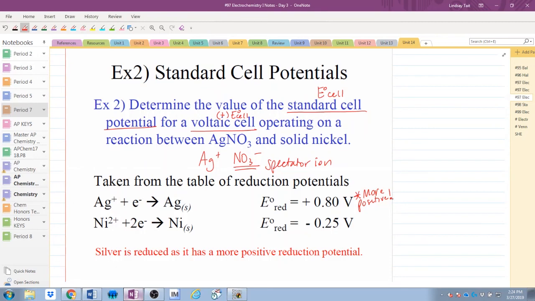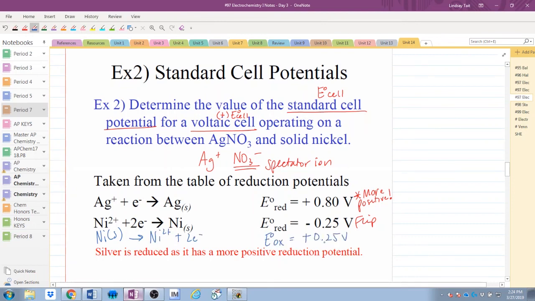All right, so this one we will flip, and so that gives us solid nickel yields nickel 2 plus 2 electrons, and that means our oxidation potential is a positive 0.25 volts. All right, so now that I know which one to flip, what's my last step to figure out the cell potential?